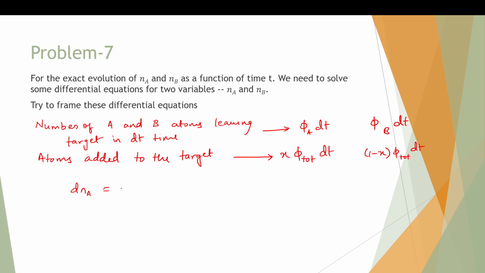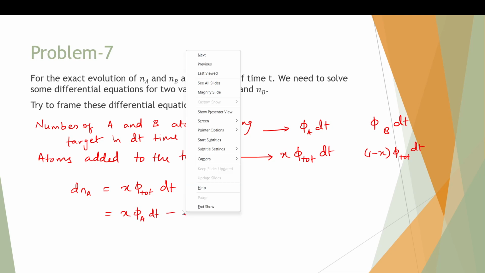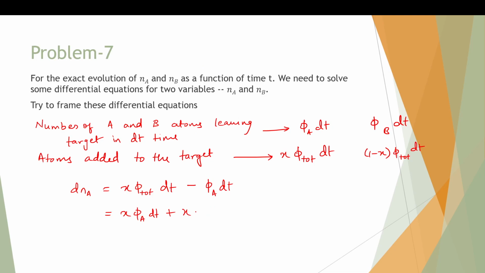It will be x phi total dt, the number of A atoms that were added, minus the number of A atoms that were removed or sputtered. Now this phi total is nothing but phi A plus phi B. So I can write this as x times phi A dt plus x times phi B dt minus phi A dt.